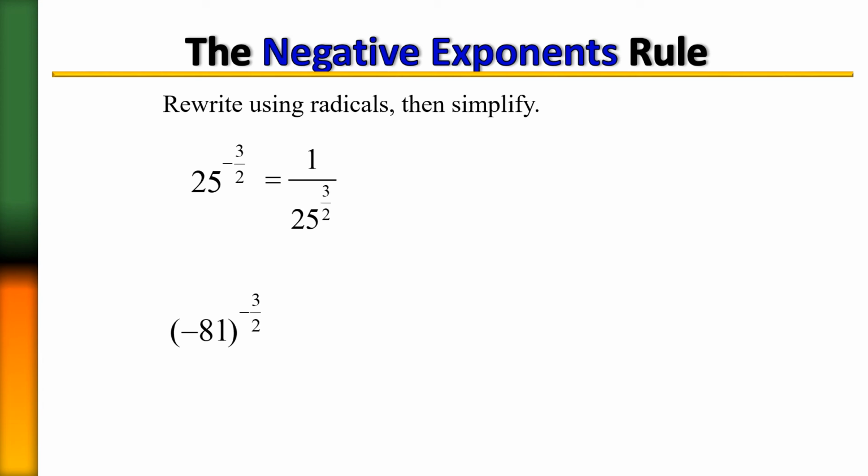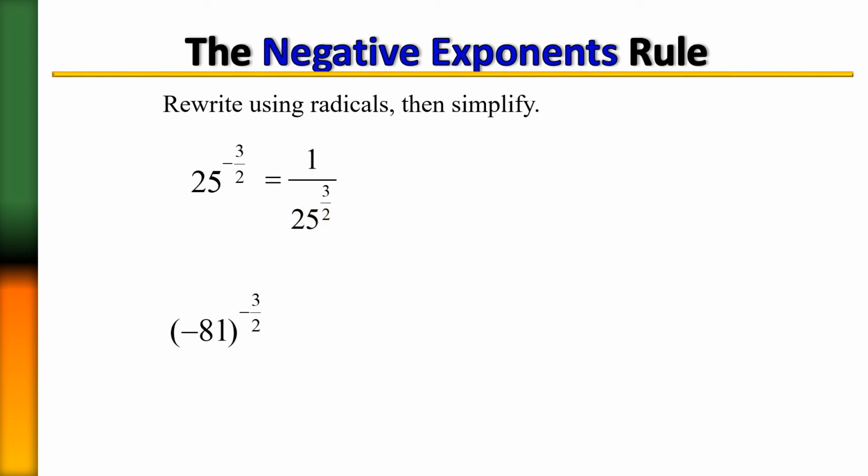Let's convert the bottom to radical notation form. Recall that the top, the numerator, is the power that we're going to raise the number to. The bottom is the root, and that tells us what root we're going to be dealing with.